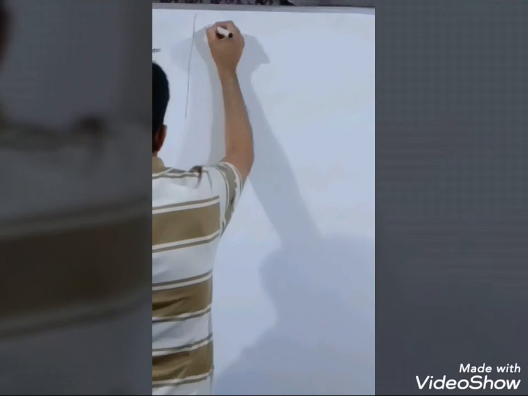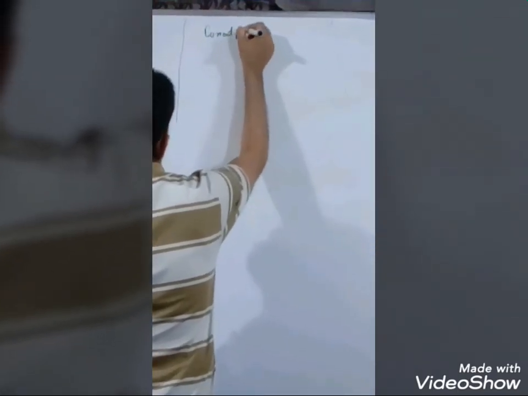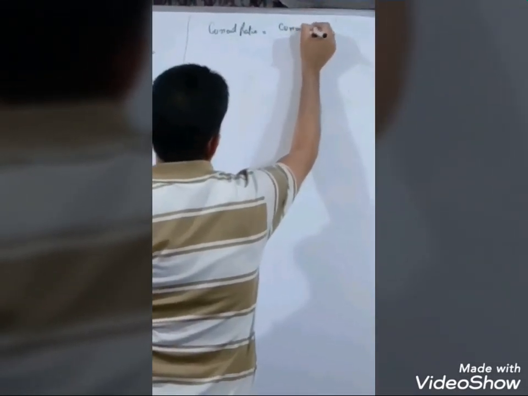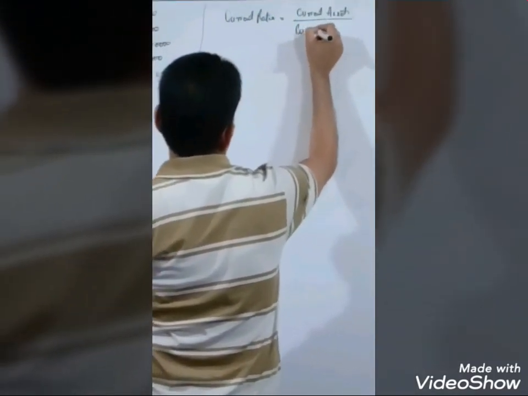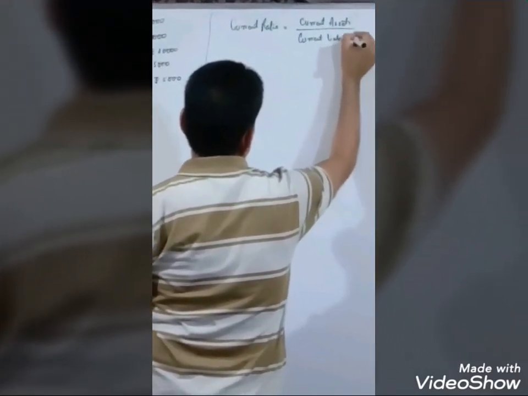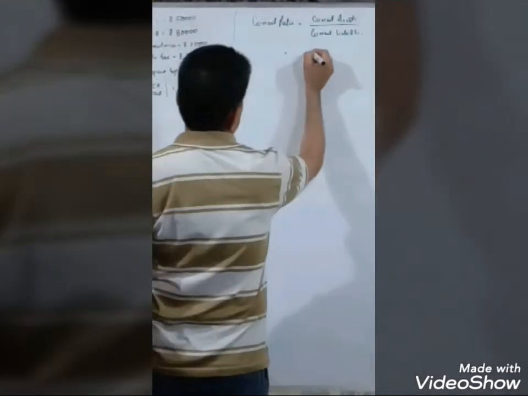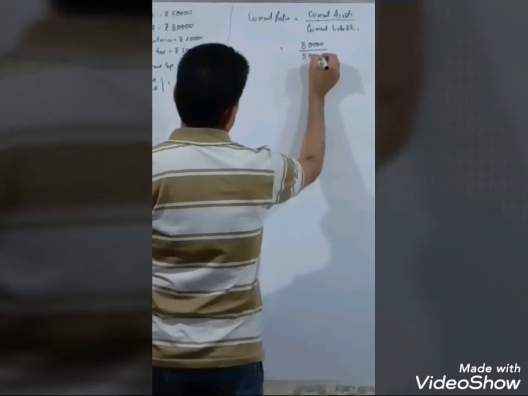For calculating current ratio, the formula is current assets divided by current liabilities. Now, current assets are given as rupee 80,000 and current liabilities are rupee 50,000. So straight away we will mention the figures. 80,000 are your current assets and 50,000 your current liabilities.